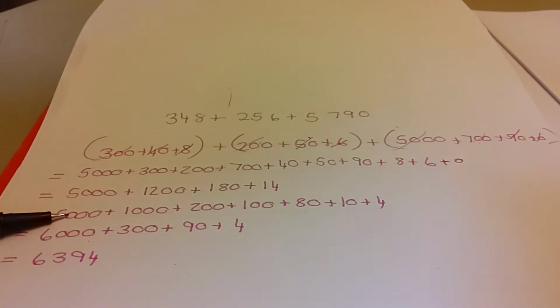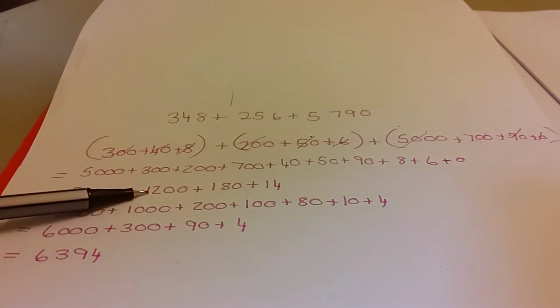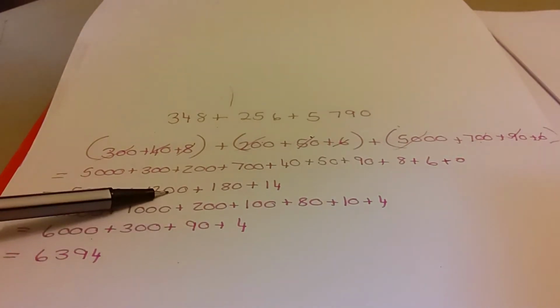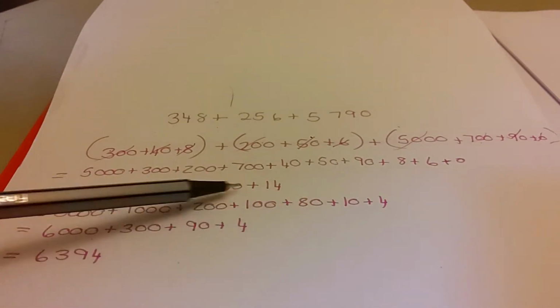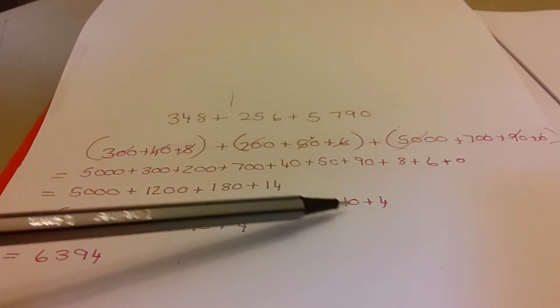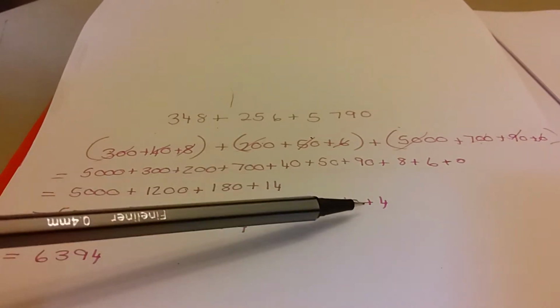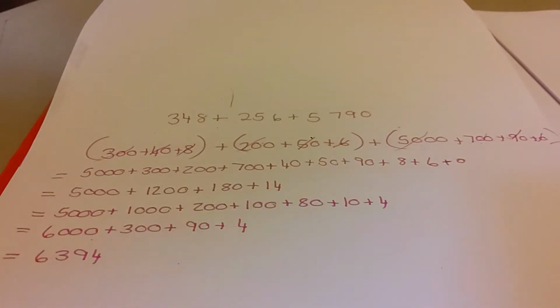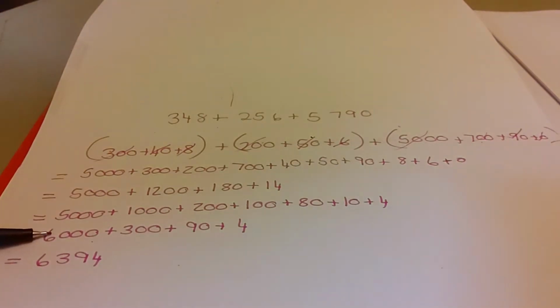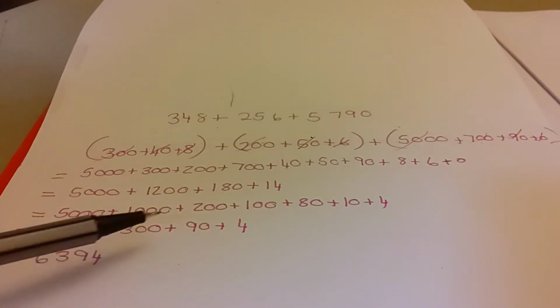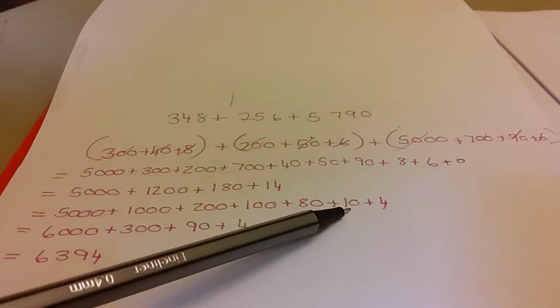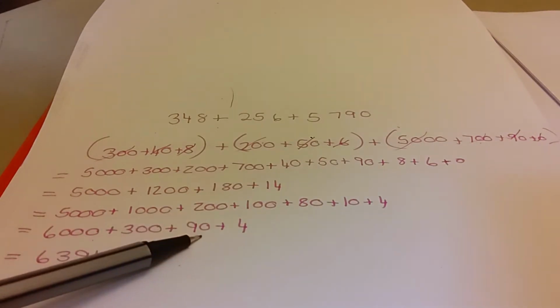So we say 5,000 plus 1,000 plus 200 plus 100 plus 80 plus 10 plus 4. Now I can say 5,000 plus 1,000 equals 6,000. 200 plus 100 equals 300. 80 plus 10 equals 90.